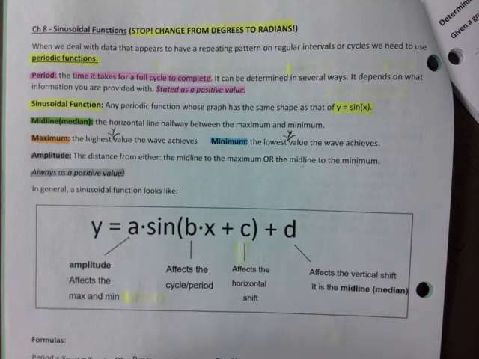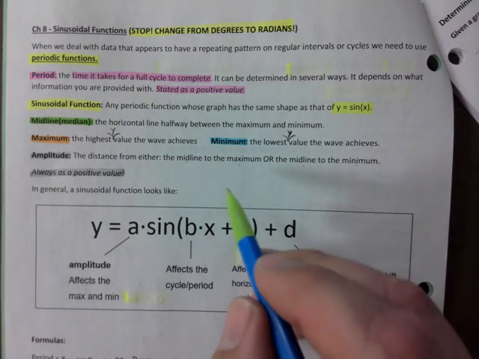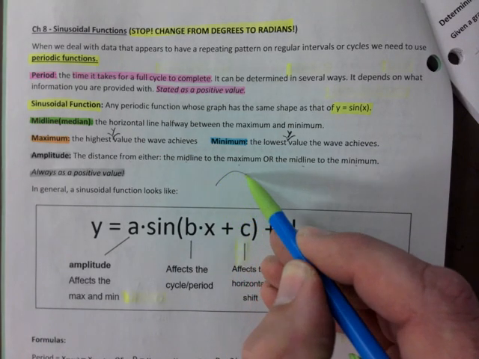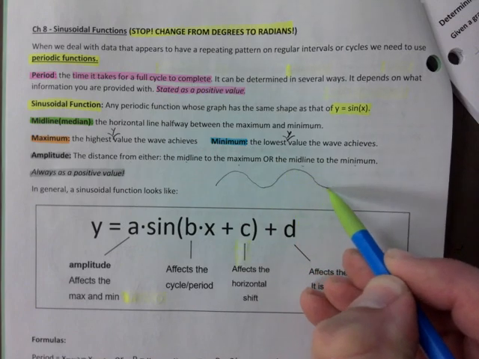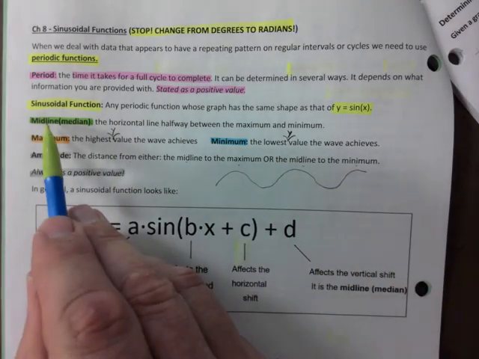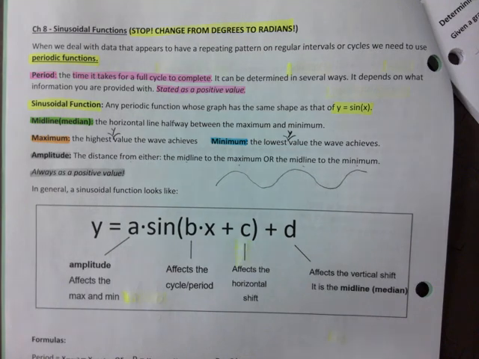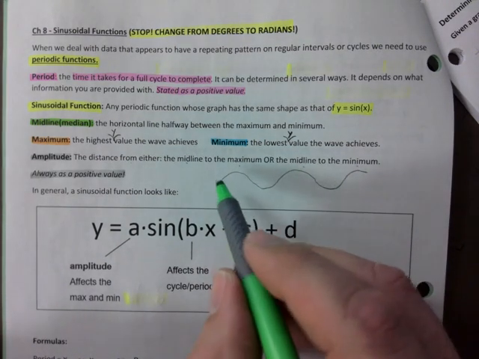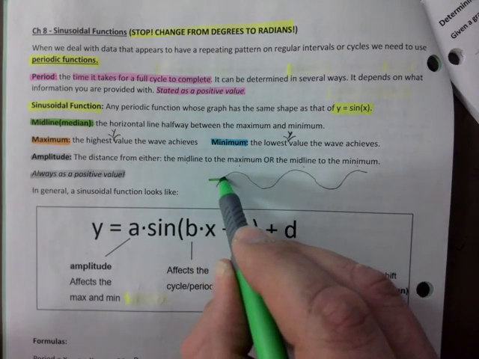Okay. So here, I'm going to give you a short little visual, so when you review your notes, you know what I'm talking about. So if this is your wave, the midline is in green, okay? So you have to imagine there's a line that cuts this thing in half.